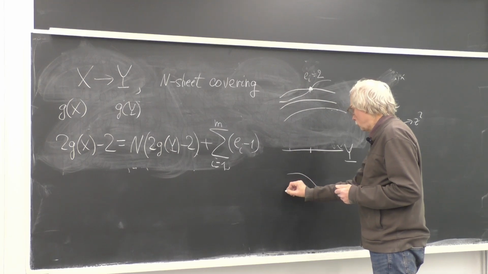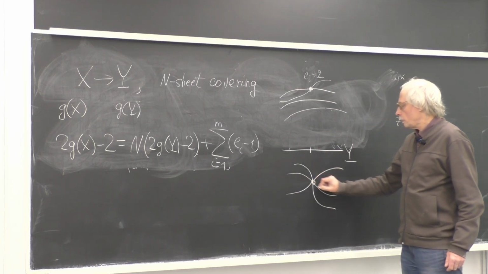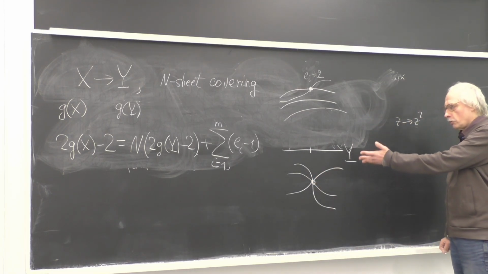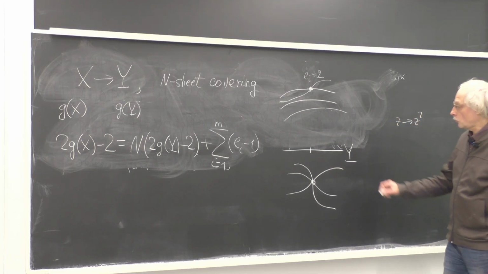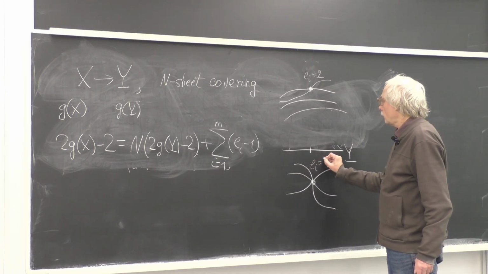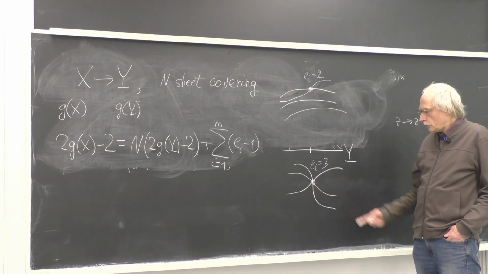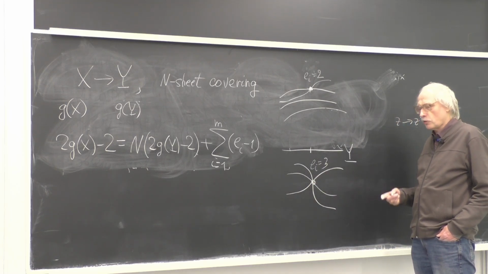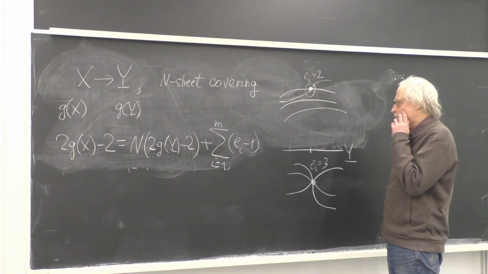There can be more complicated ramifications when, for example, 3 different sheets meet together and so on. In this case, e_i equals 3. But these are rather special cases. In general position, all ramifications are simple, like this.